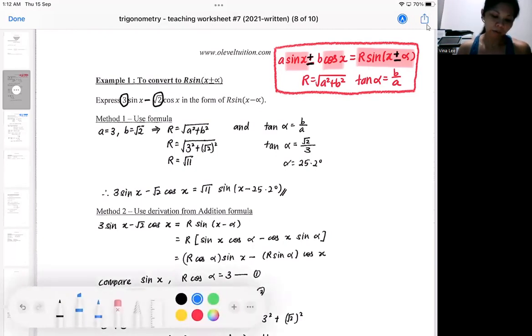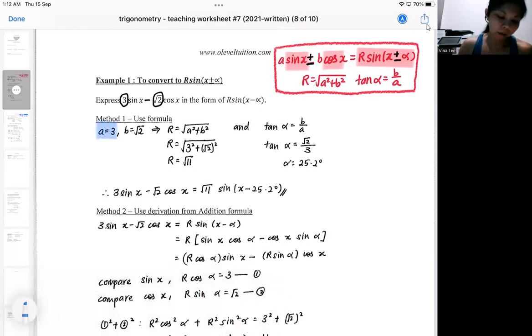You just take the A and B. Once you have A and B, you can directly plug into this formula. Some people feel that this formula looks a bit like Pythagoras, so you can use that idea to help you. Then with your A and B, you can easily put them into the alpha formula.